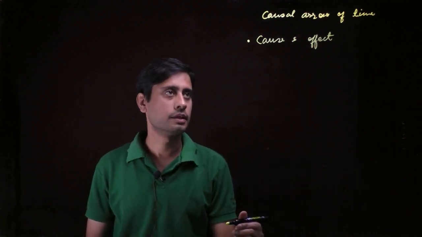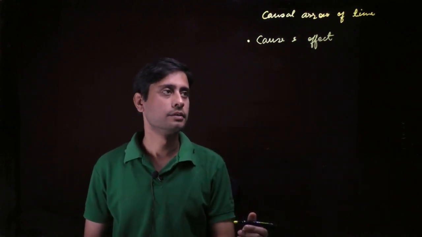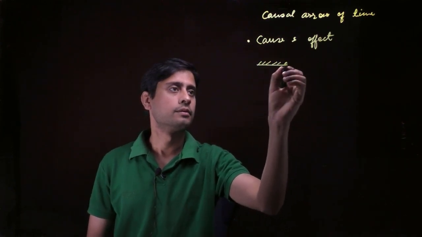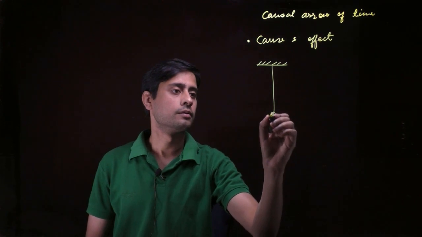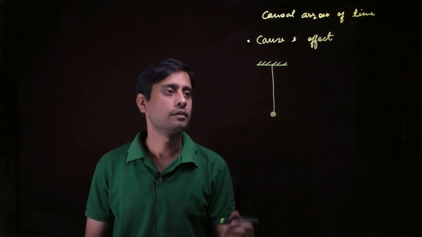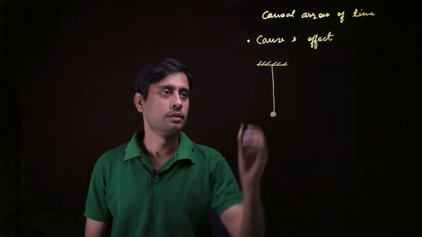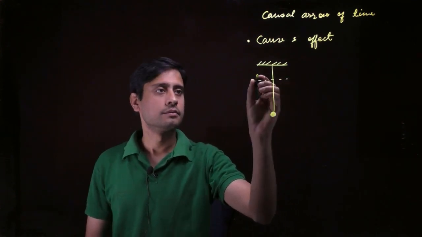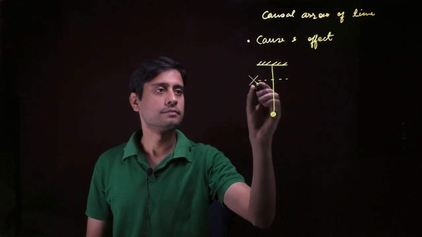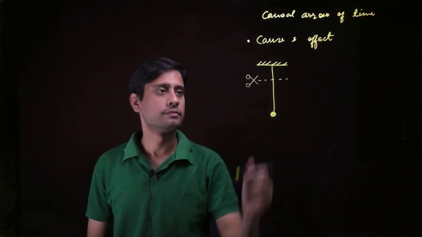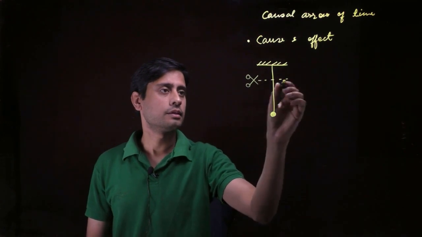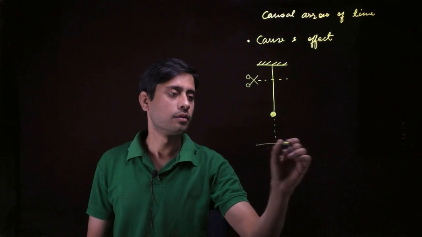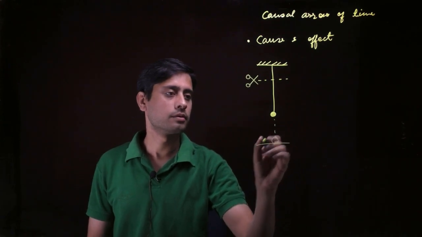To understand what is the cause and its effect, take an example of a ball hanging with the help of a thread. Now, if we cut this with a scissor, as soon as you cut this thread, the ball will start to fall on the ground and finally it will be on the ground.